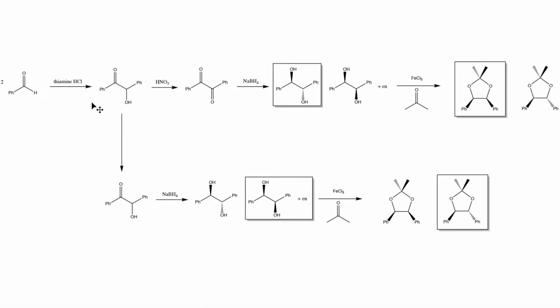So we'll have some leftover starting material, and the leftover benzoin can react with sodium borohydride to form the racemic mixture of hydrobenzoin. When we react the racemic mixture with ferric chloride and acetone, we get the trans acetonide.